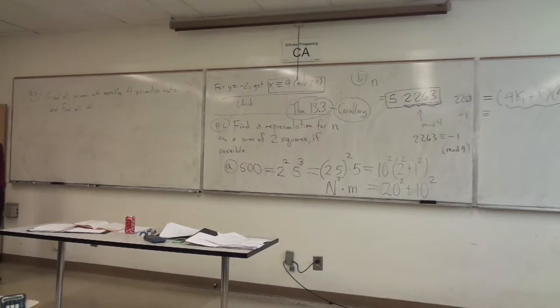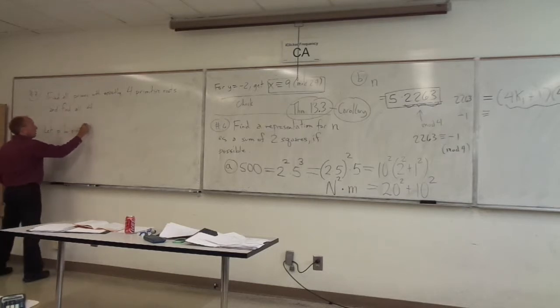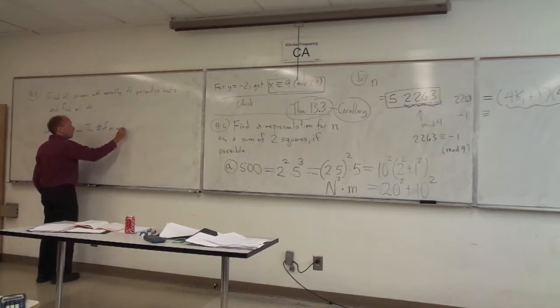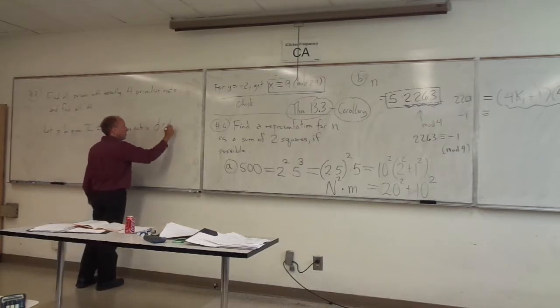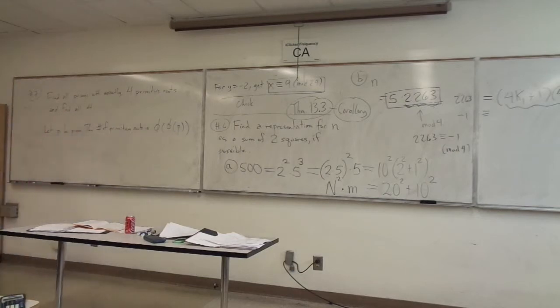We need to know how many primitive roots a number has. So let p be prime. We know that all primes have primitive roots. The number of primitive roots is phi of n in general, because n doesn't have to be a prime.